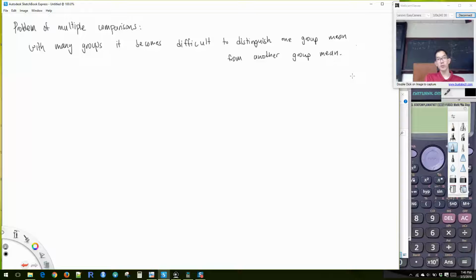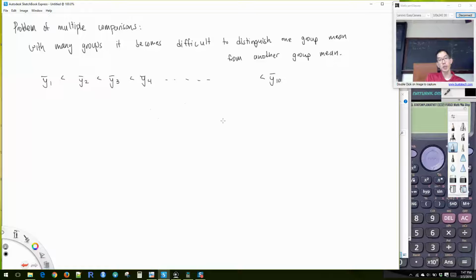Okay, so maybe we have 10 different groups, right? And we can line up our group averages from least to greatest. So we get y bar 1 is less than y bar 2 is less than y bar 3, so on and so forth, y bar 4, etc., up to y bar 10.